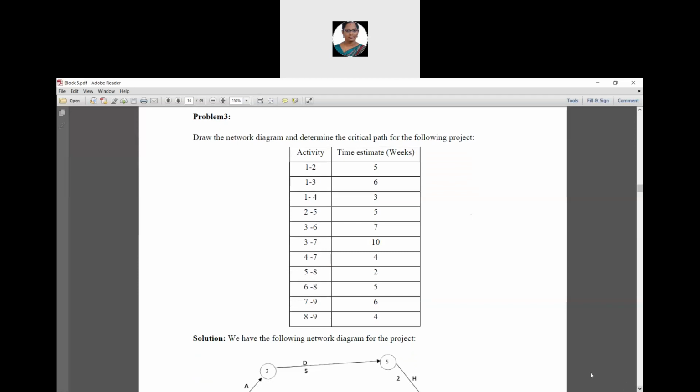Draw the network diagram and determine the critical path for the following project. So using these activities and duration time estimate values, we have to draw a project network diagram, and also determine the critical path for that project.